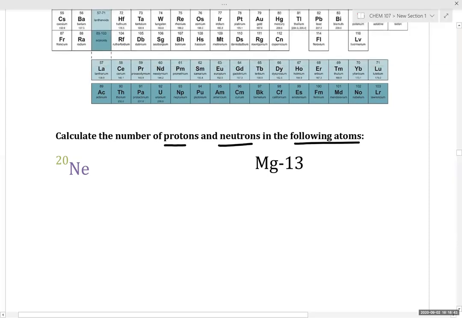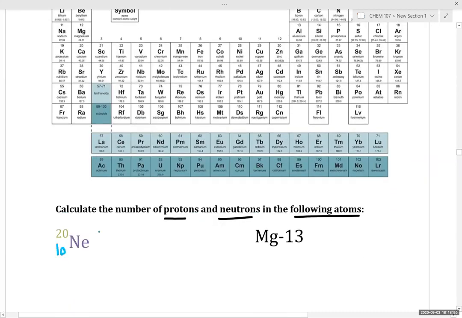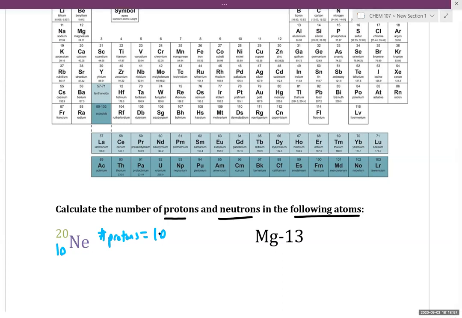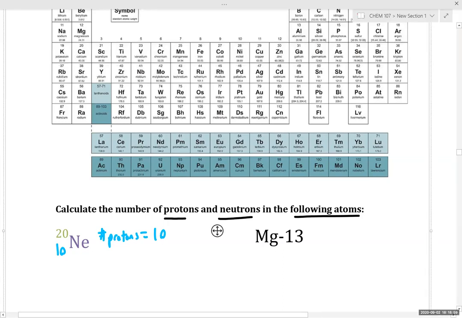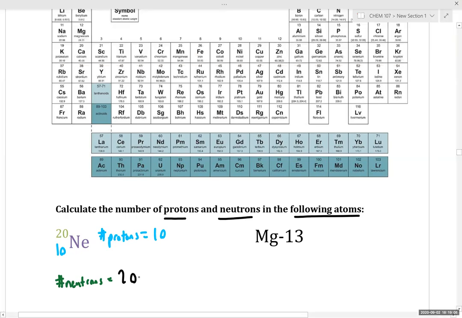For neon, looking up neon in the periodic table, we see we have an atomic number of 10. That's an easy one. Our number of protons is equal to 10, which matches our atomic number. Our number of neutrons we calculate by taking the mass number minus the number of protons, or 20 minus 10, to give us a total of 10 neutrons.